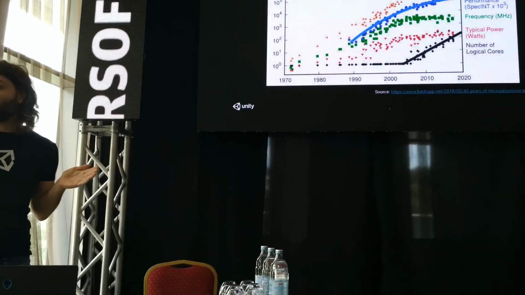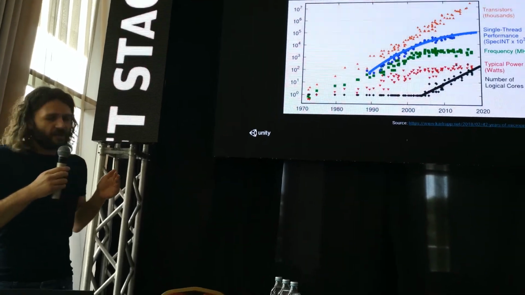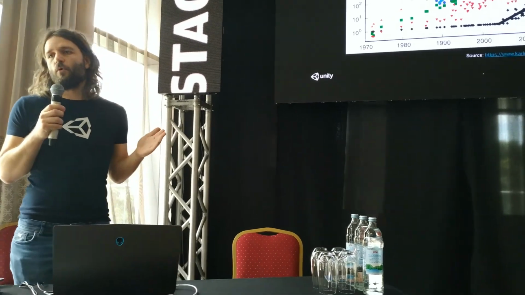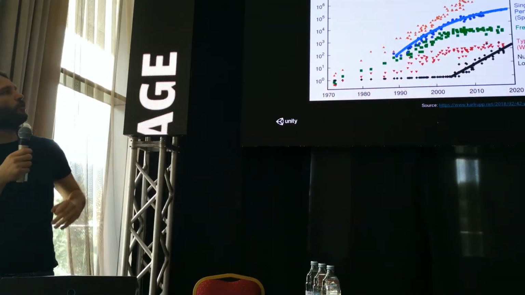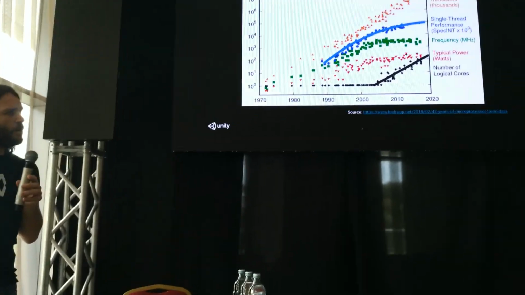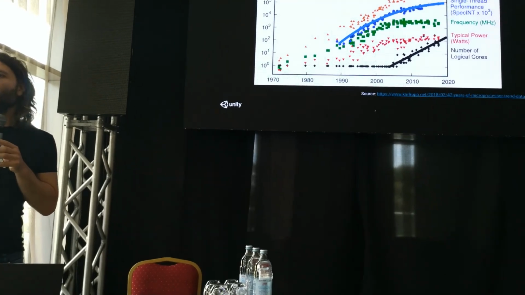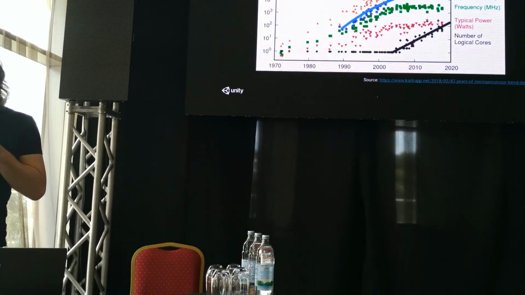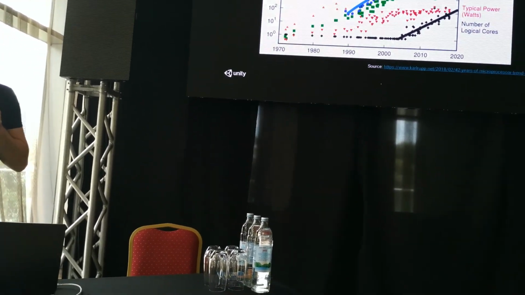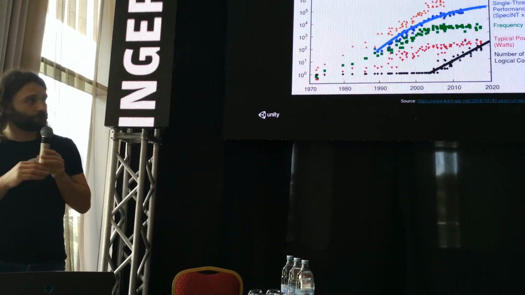It's essentially been flattening out. But at the same time, we're getting more and more cores. Now, in almost every mobile device, you have around 4 cores or more. On consoles, you have 6, 8 cores. And PCs these days have up to 16 cores.